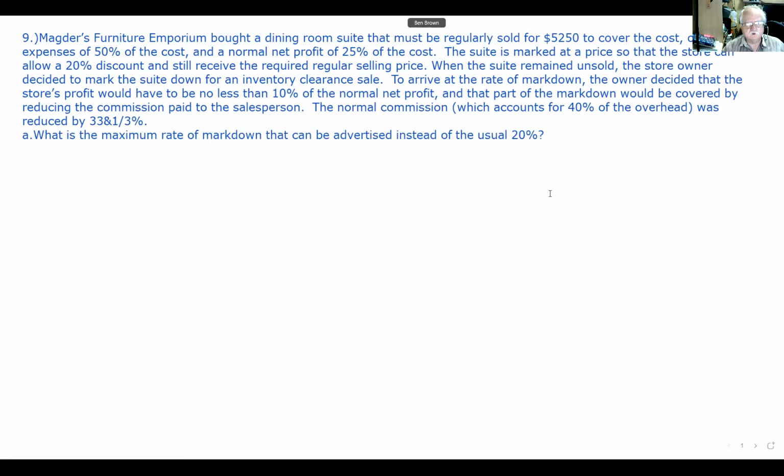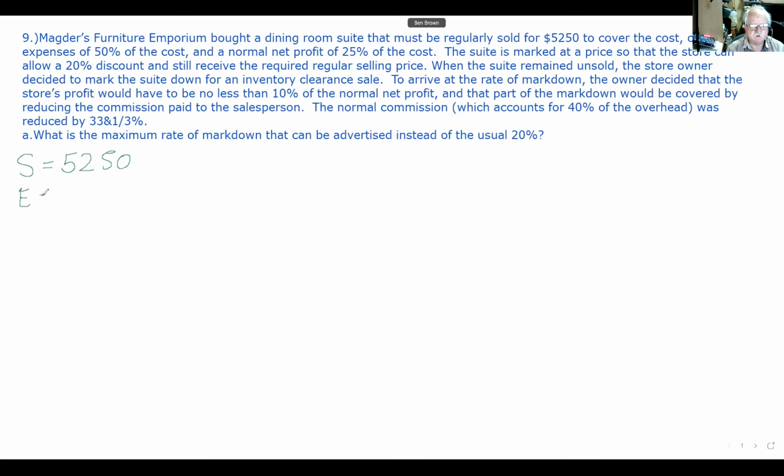Magder's Furniture Emporium bought a dining room suite that must be regularly sold for 5,250. So in this case, they've just gone ahead and told us the selling price. Let's make a note of that. 5,250 to cover cost, overhead expenses of 50%.